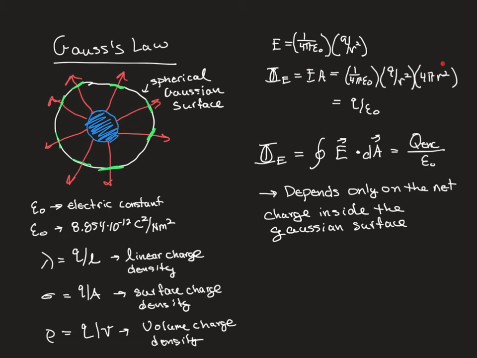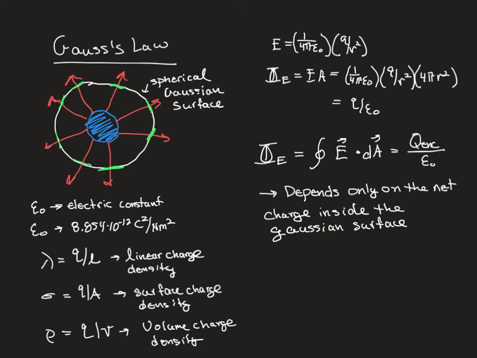So the 4 pi's cancel out, the r squares cancel out, and you're left with the charge divided by the electric constant. I could have done this derivation with any set of charge and Gaussian surface, but this is just the easiest because the 4 pi and the r squared naturally come out of the surface area of a sphere, so it makes the derivation a lot easier.